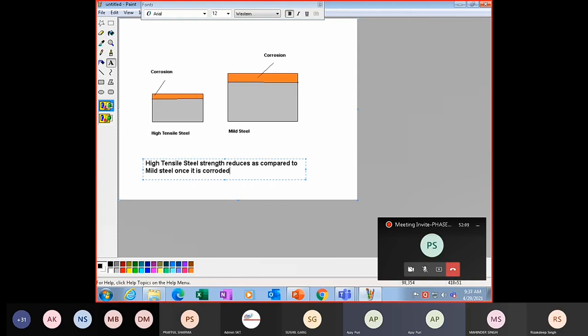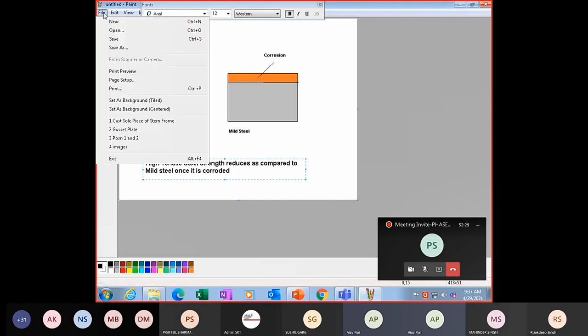So your high tensile steel strength is reduced as compared to your mild steel once it is corroded. So that's the disadvantage of your high tensile steel, because as it is, your thickness is less. So once the corrosion sets in, your thickness is reduced, your strength is reduced further.